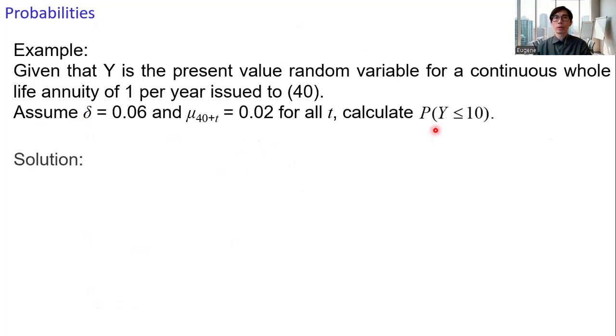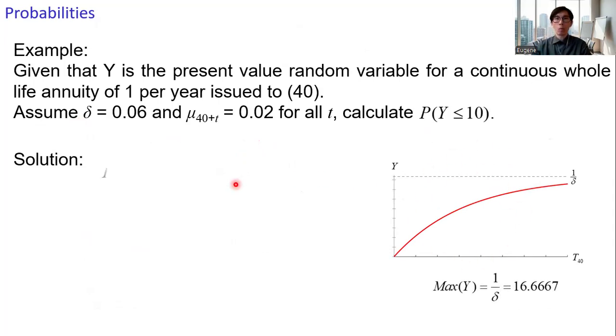All right, we have a diagram. We want to get the probability that Y is less than or equal to 10. The maximum is 16.66. So the probability of this should be somehow less than what?